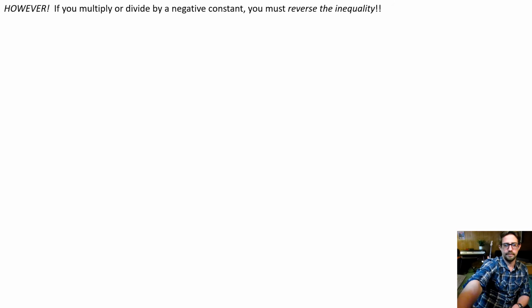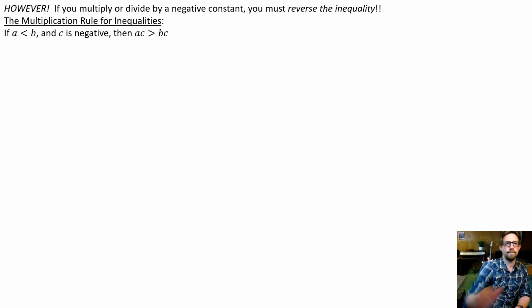Here's the big however. If you multiply or divide by a negative constant, like -5 or -3 or whatever, you flip it around. So here's that rule, and I'll illustrate why it's true. This you have to memorize, not word for word. You just have to know it. It's going to come up.